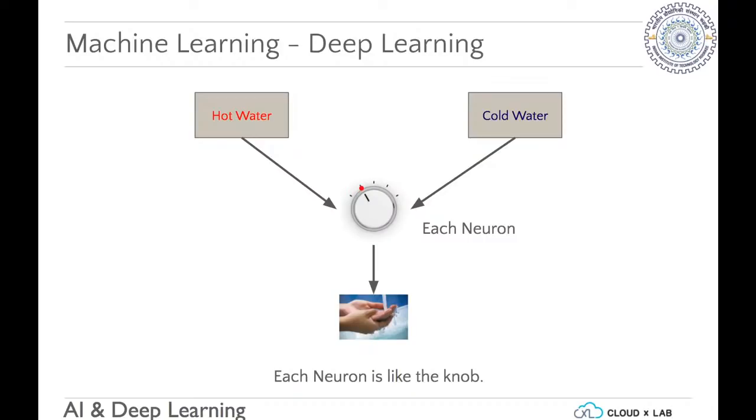Next day you're going to take a bath, you'll remember that okay, the temperature is this much. Or let's say you applied the soap and you again want to turn it on, and you know this is the position that I kept last time. So you only have to remember this so that you don't have to train again, right?